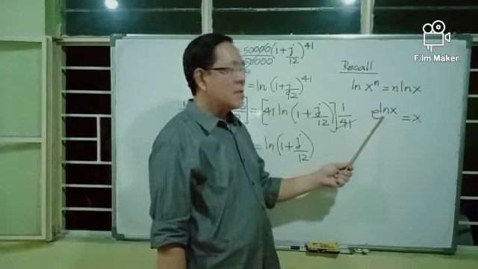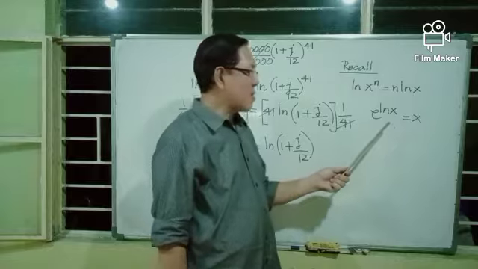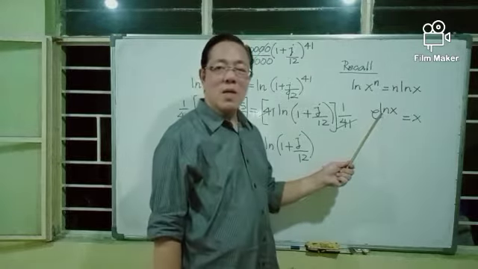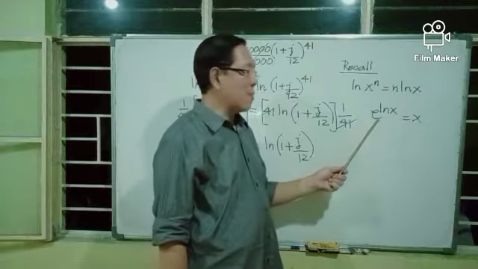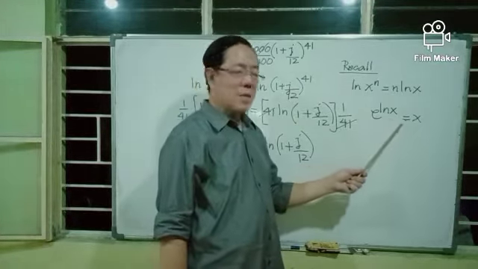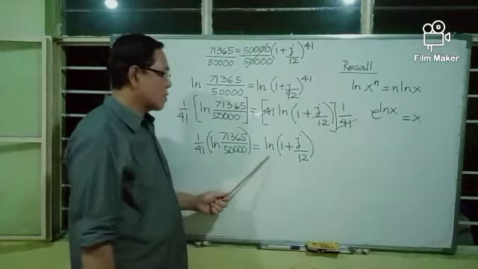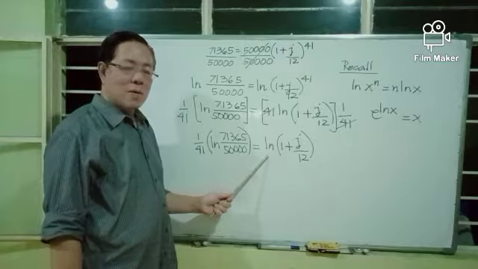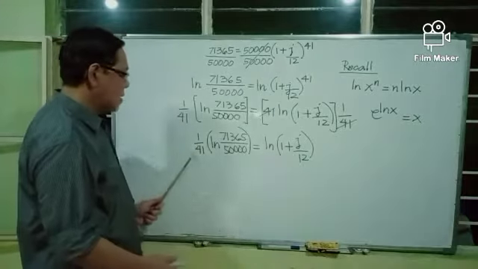E raised to ln of x is equal to x. It is because ln is a logarithm to the base e. So if you raise e to the power ln of x, it simplifies to x. So we take the e of both sides, the exponential of both sides.